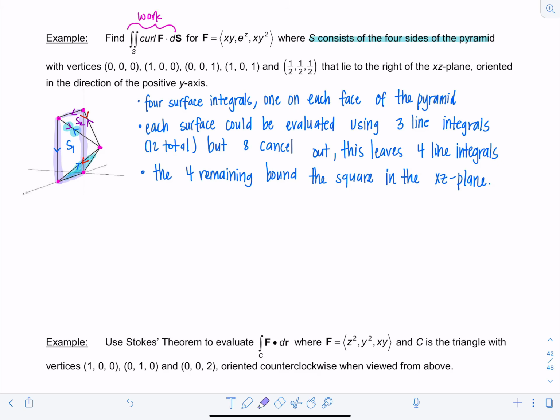And so let me shade in that square in the XZ plane. Okay. Very good. I'll circle it in green here so you know that it matches the graph. And this square is a piece of the plane y equals 0.